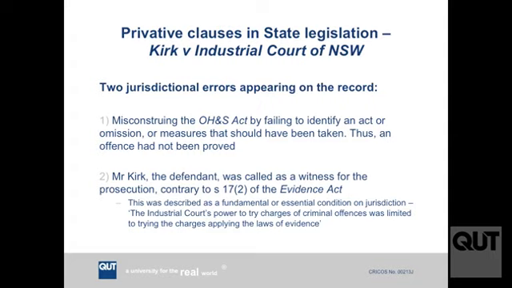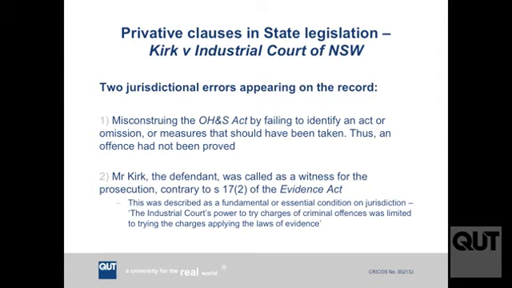According to the High Court, there were two jurisdictional errors of law that the Industrial Court of New South Wales made in this case. First, the Industrial Court misconstrued the Occupational Health and Safety Act. The Industrial Court failed to identify what measures Kirk could have taken to ensure the health and safety of the deceased farm manager. In addition, the Industrial Court did not identify any act or omission that amounted to a failure to ensure the manager's health and safety.